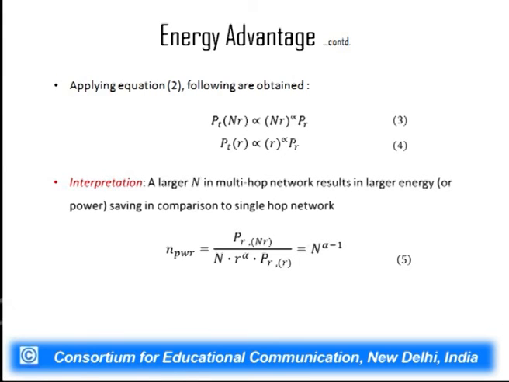Now, what does this value signify? It implies that since it's n raised to the power alpha minus 1, if n becomes larger and larger, it will support multi-hop networking more and more, and it will result in larger energy conservation. It will save energy in comparison to the single hop, of course.